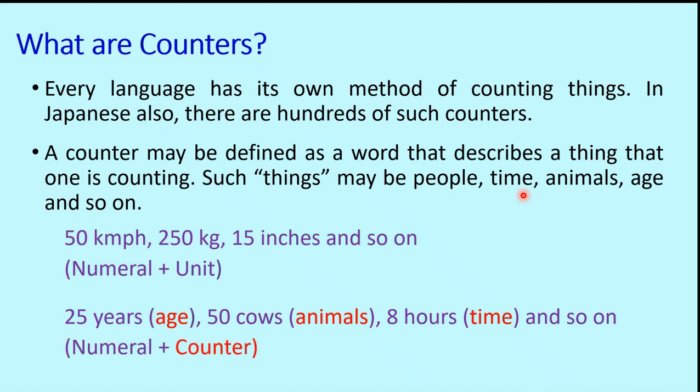So this is numeral followed by the counter. From this, you now understand the difference between a unit and a counter. A counter is nothing but something that quantifies a certain thing.